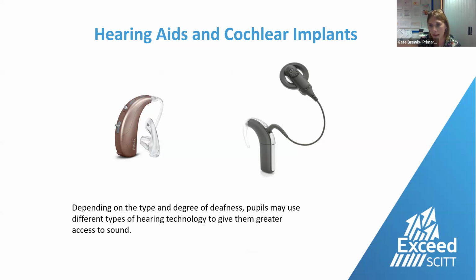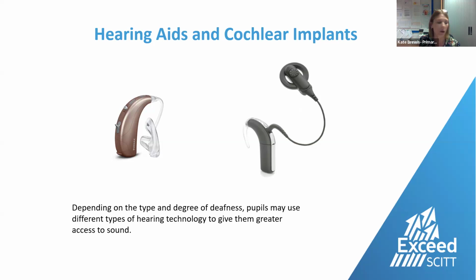Some parents are real advocates of cochlear implants, which work best when they are used from birth, or not long after that, because it's about the signal going from your cochlea to your brain, and your brain getting used to those sounds so that it can start identifying them.